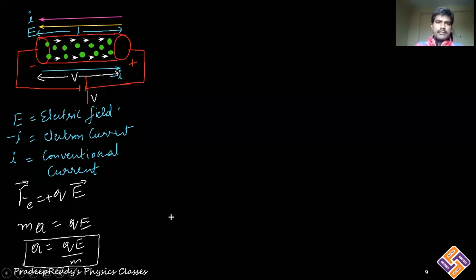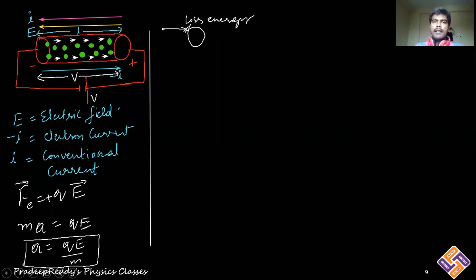Now coming to current electricity, what actually happens here is there are ions, right? Here is an ion, and one electron is in motion. When the electron is forcefully moving in this direction, what would happen? It hits the ion, and as a result it loses energy.